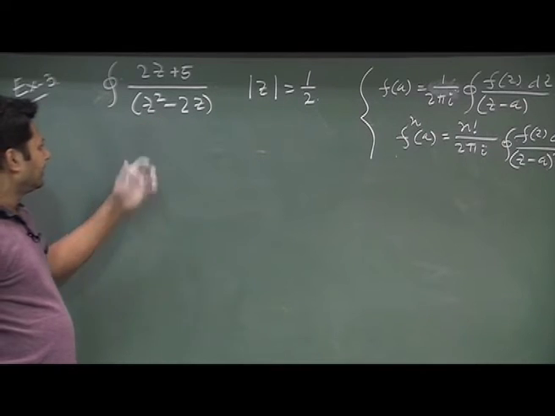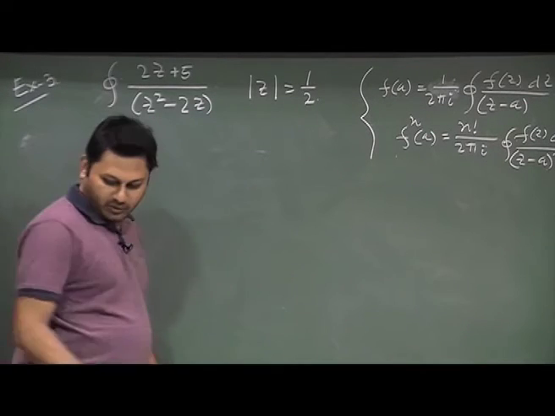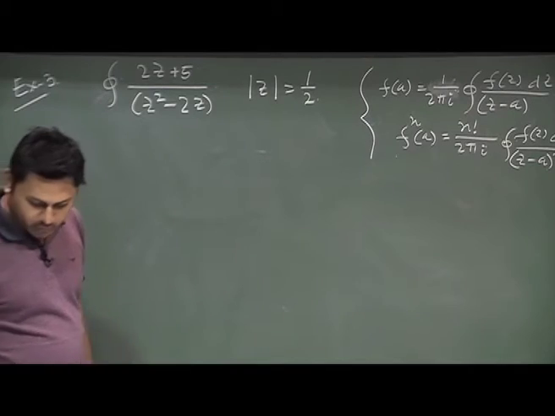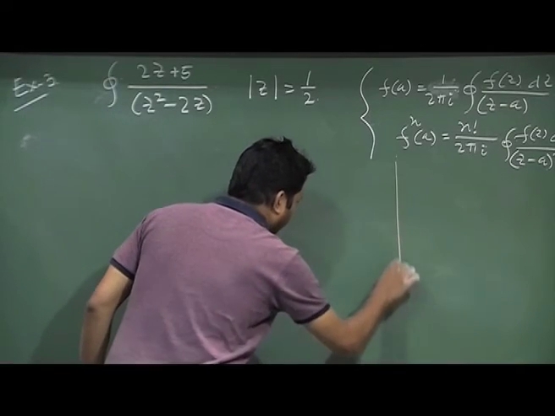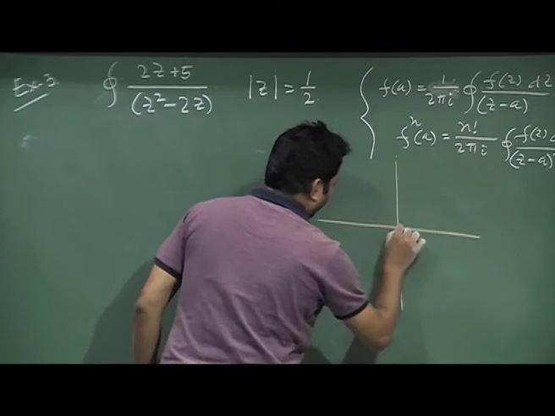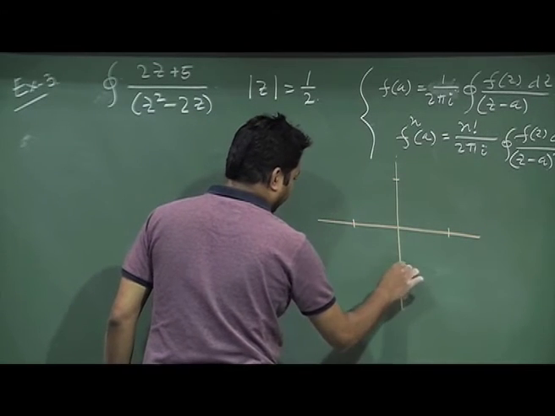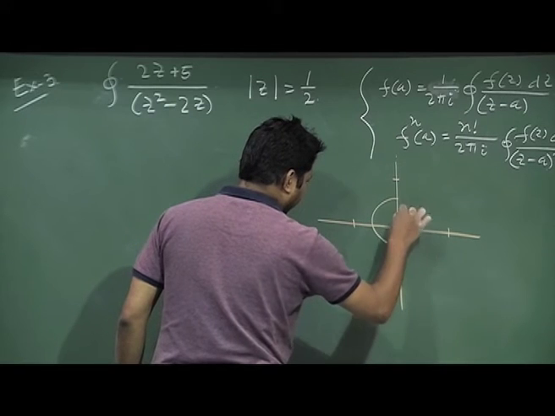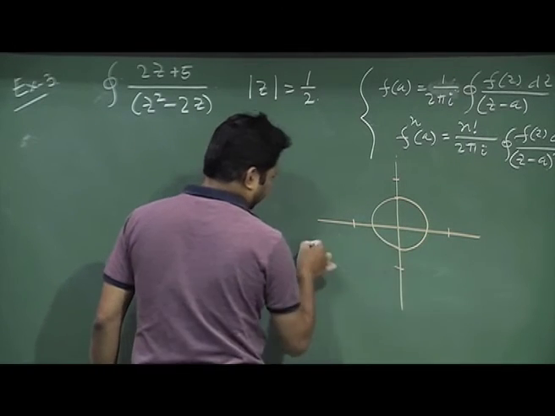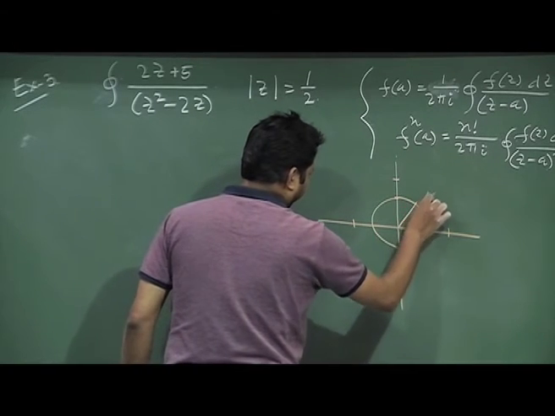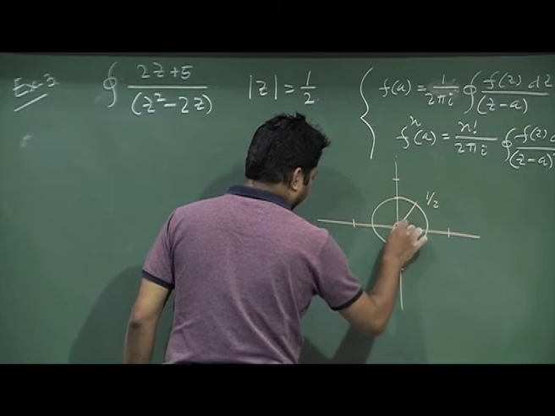Mod of z equal to half, what region are they talking about? Quickly we should draw. This is 1, this is i, this is minus i. Half means it is encircling something like this, where the radius is half, and this is the z equal to 0 point.